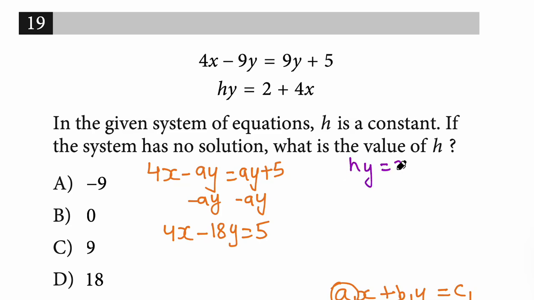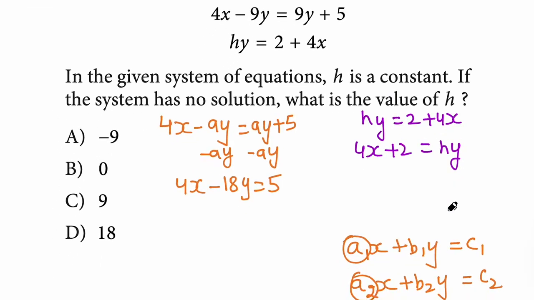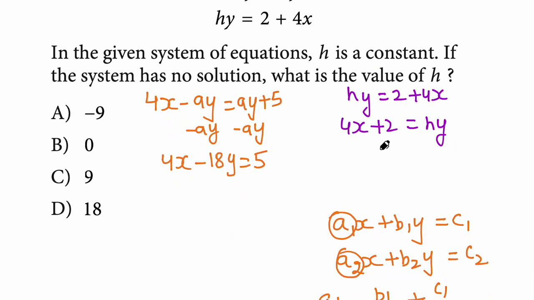hy is equal to 2 plus 4x. Let's just change them as a whole like this. Okay. Subtracting hy on both sides because I need hy on the left hand side. 4x minus hy plus 2 is equal to 0 because this is cancelled.